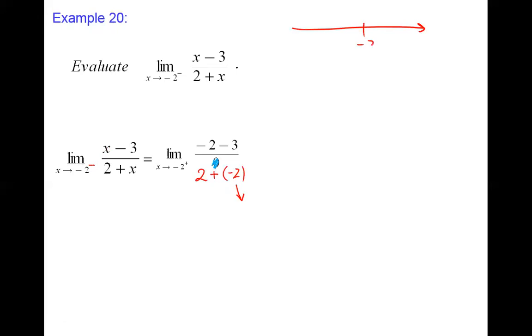For the negative numbers, we have to be really careful because this is the left-hand side, this is the right-hand side, and the numbers on the left-hand side are like negative 2.1, negative 2.01, and so on. That means this is negative 2.1, and adding, of course, means subtracting. That means 2 minus 2.01 is actually a negative number.